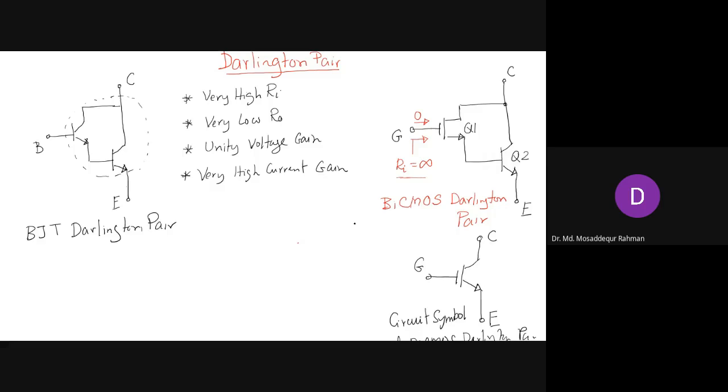It's also known as the composite transistor. Two different types of transistors, BJT and MOSFET, combined, right? They are working like one single transistor. It's also known as the composite transistor.